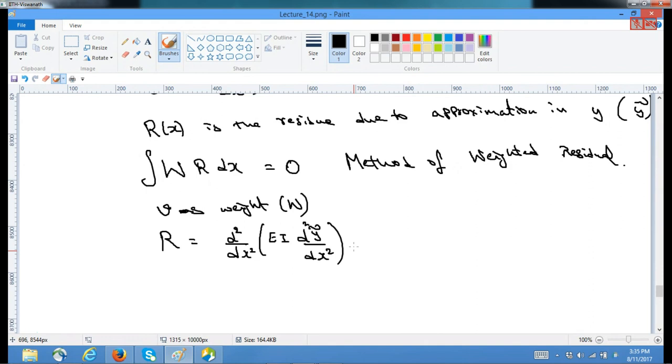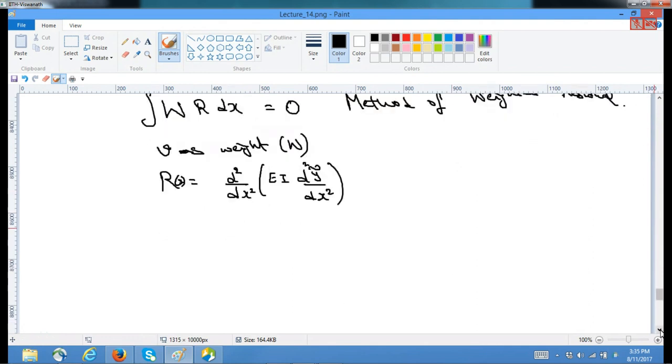So this is my residue. Now I substitute in here: integral from 0 to the length of the beam, weight V, d square by dx square of EI d square y tilde by dx2, dx, and I need to equate it with 0.